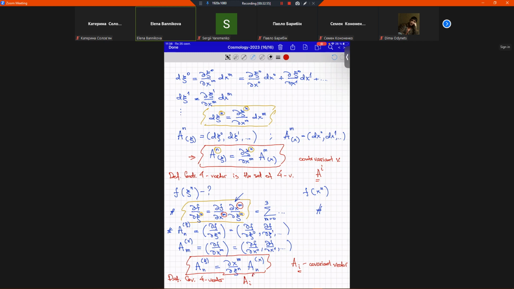In this case, this is an, which during the transformation of coordinates transforms as a derivative of a scalar function. This is exactly what we see here.